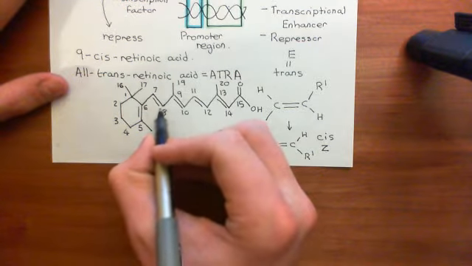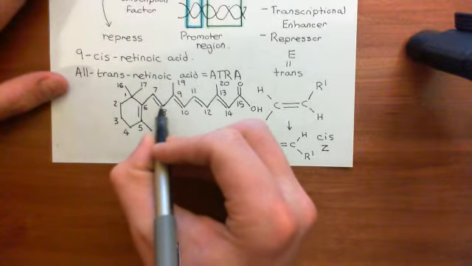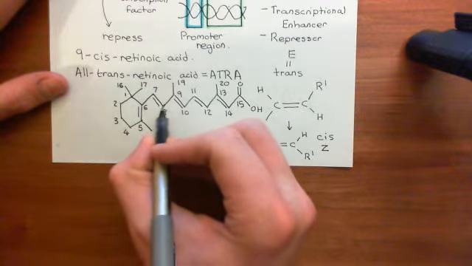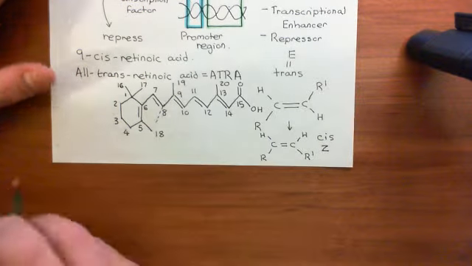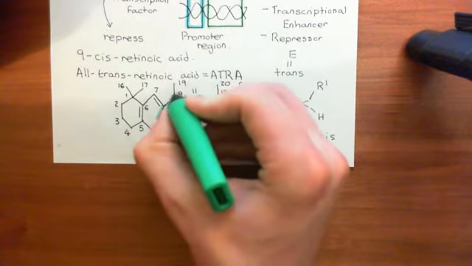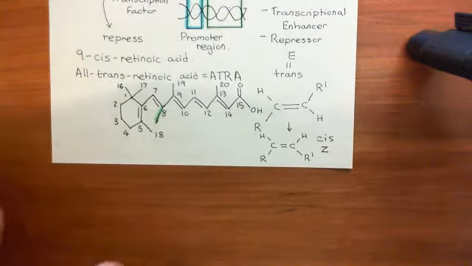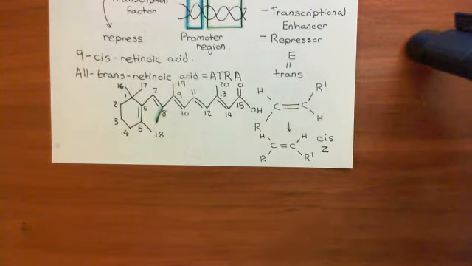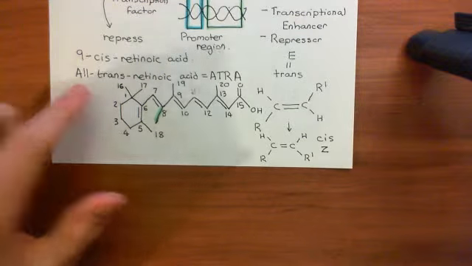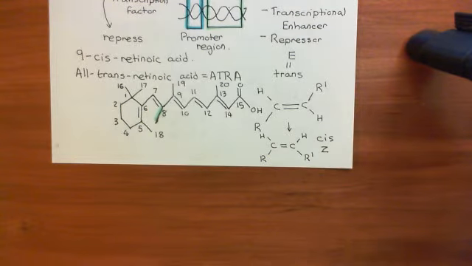If one was in the cis conformation, you'd have to draw the important group coming off down here, like so. Let me just put a sort of dotted line like that. In fact, I'll put it in colour. If this was in the cis formation, this important group would have to come off down here like so, to show that it was in the cis formation. So that's how this structure shows that it's in the all-trans form.